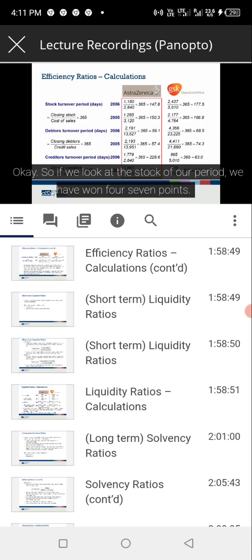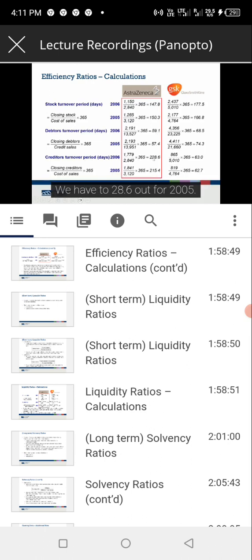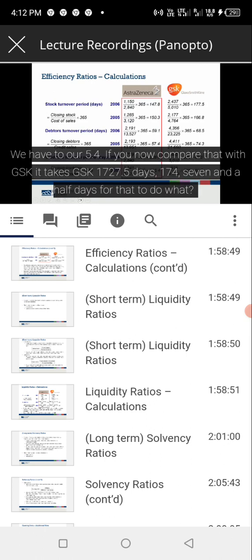Okay. So, if we look at the stock turnover period, we have 147.8, 150. For debtors turnover period, 59.1. And creditors turnover period, we have 228.6. And for 2005, we have 215.4.